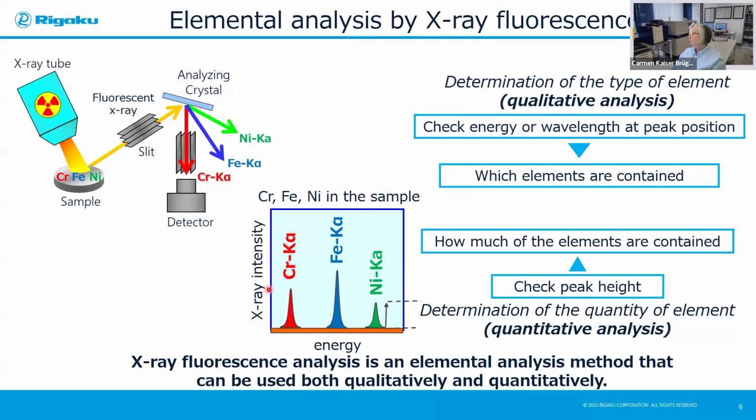If we do semi-quantitative analysis, we use the peak heights and the fundamental parameters part to estimate the composition. But for a quantitative method, we would check the peak height as well as the peak angle, and we would calibrate with known standards, and then we would be able to determine a precise quantification of that particular element.